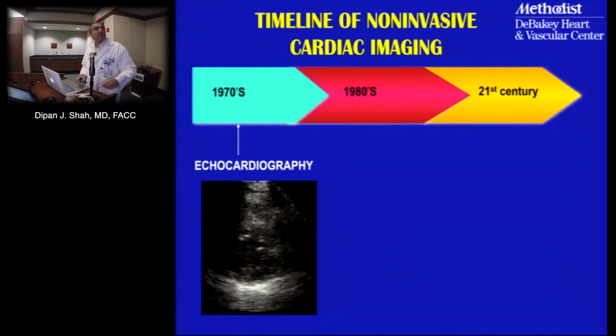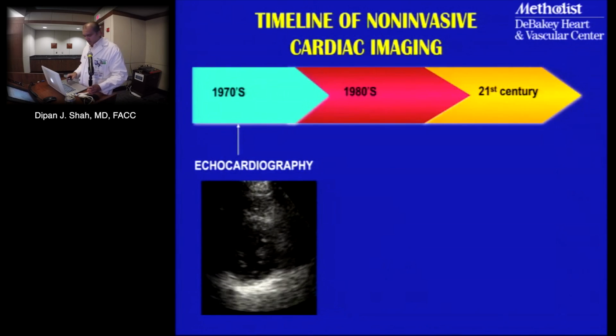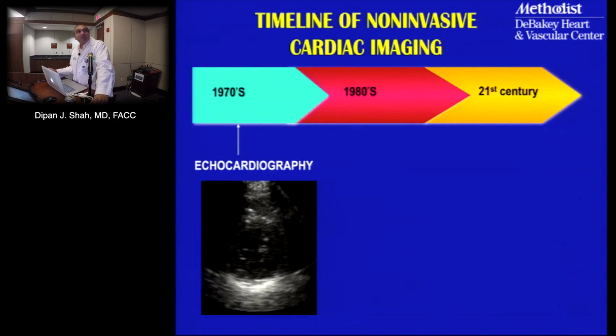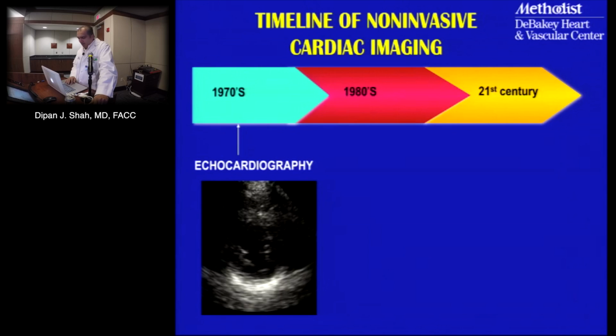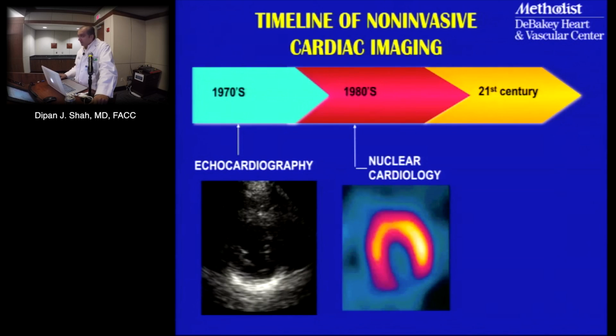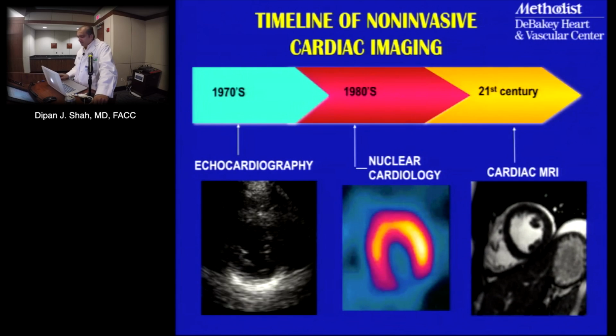If we look at the timeline of cardiac imaging, I think cardiology is lucky in that we've had a lot of imaging advances over the last 30, 40 years, with echocardiography coming around in the 1970s, nuclear cardiology in the 80s, and then I like to think of cardiac MRI as a technique that's reached its mainstay in the 21st century.